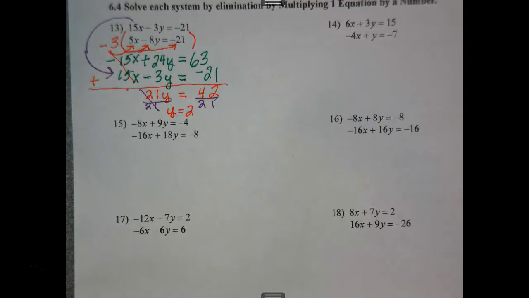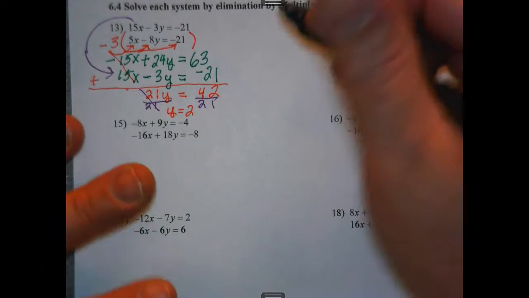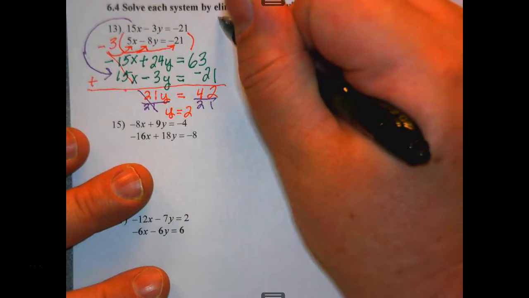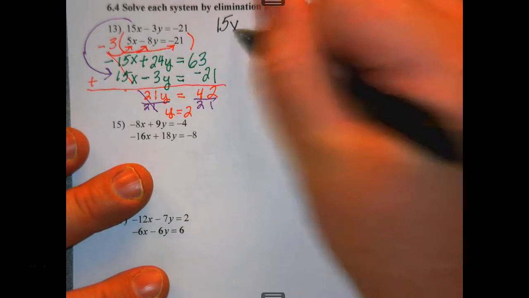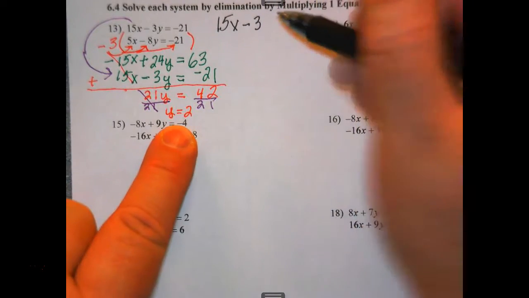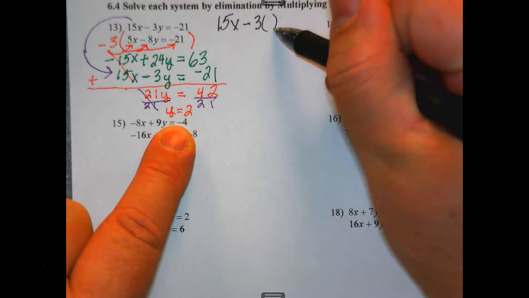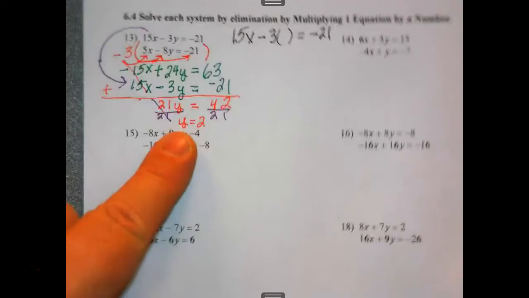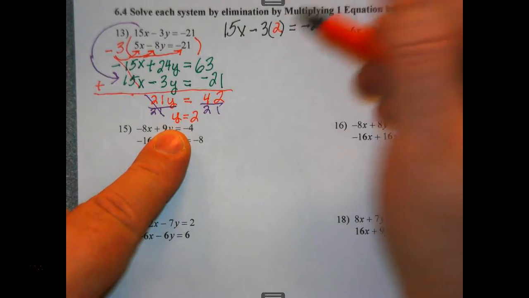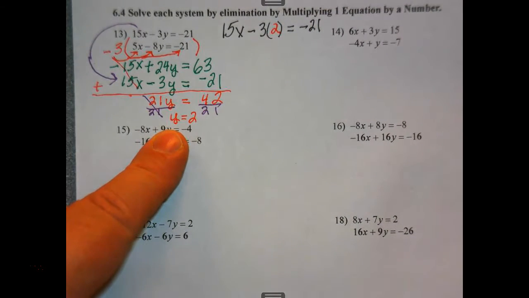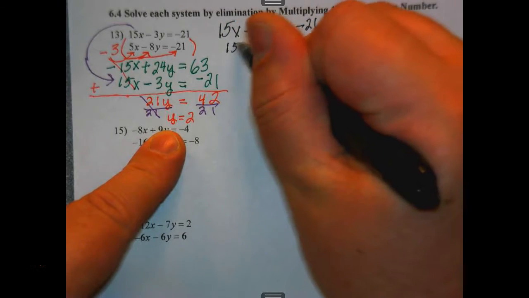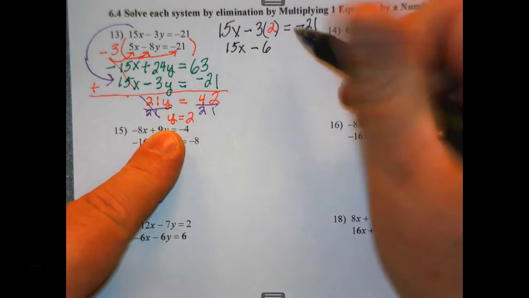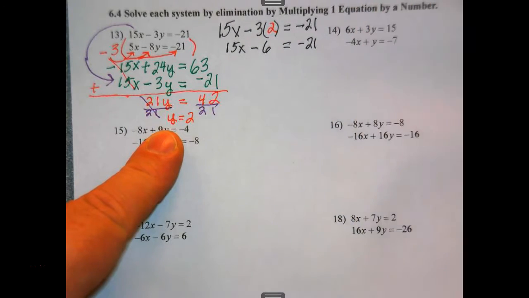I have y, I have to figure out what x is, so go back and pick an equation. It doesn't matter. Pick the top one, I guess. 15x minus 3, I have my y solved for, so I'm going to put parentheses there, equals negative 21. My y is 2. So I have 15x minus 6 equals negative 21.